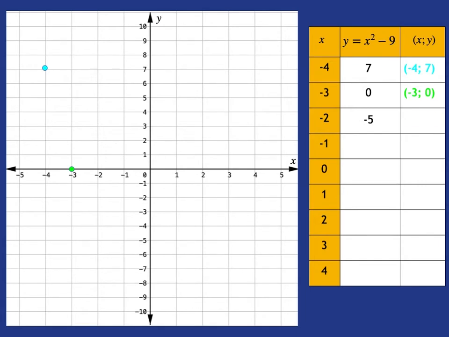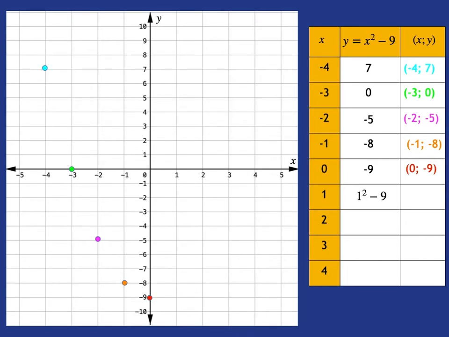We get the corresponding y value, and we then plot at x is -2, y is -5. 2 to the left, 5 down, the pink point on that graph. X is -1, we do the same thing, and we have a coordinate pair which we can plot on the graph. When x is 0, we work out that the y value is -9, and we go ahead and plot that on the graph.